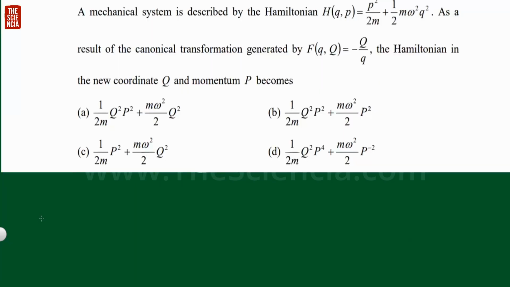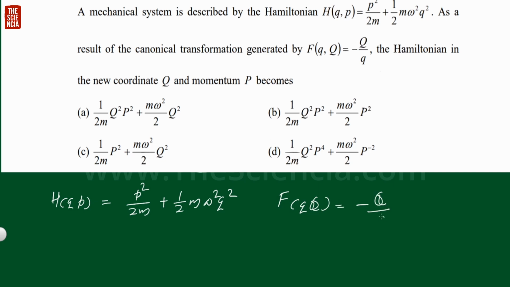This one is a previous NET problem, and in the question they give a Hamiltonian in the old coordinate system, that is q, p, equal to p square by 2m plus 1 by 2m omega square q square, and they give a generating function, that is f of q, Q, equal to minus q by Q, and they ask to find the Hamiltonian in the new coordinates, that is capital Q and capital P. We know the relation between the old Hamiltonian and the new Hamiltonian, that is H prime will be equal to H plus dou f by dou t.